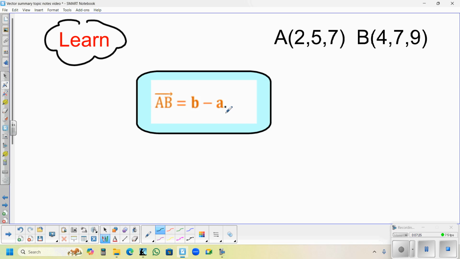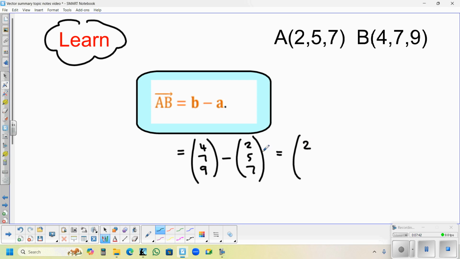And when I say turned on their side, I mean we're changing them into components. So AB vector would become (4, 7, 9) minus a vector, which is (2, 5, 7). And you just work that out. So 4 take away 2 is 2, 7 take away 5 is also 2, 9 take away 7 is also 2. So AB vector is (2, 2, 2).